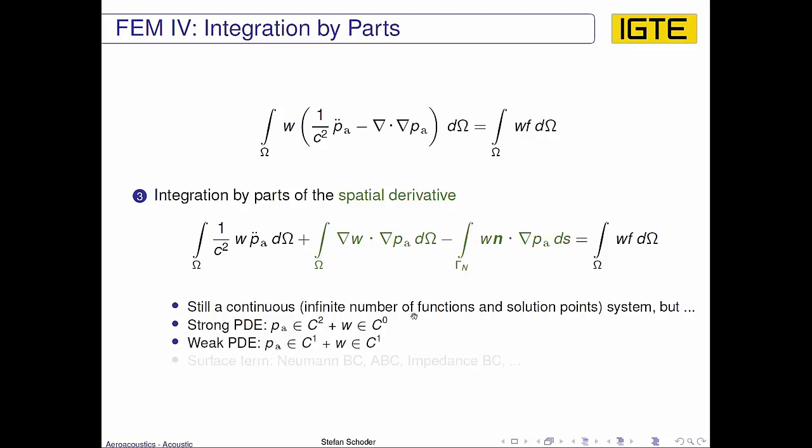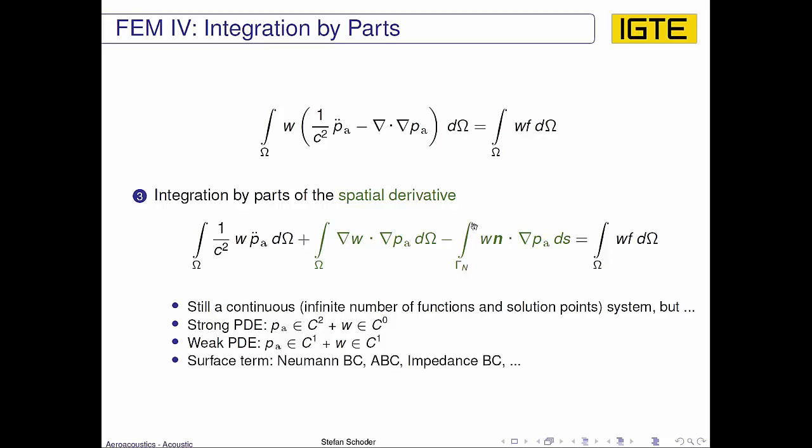But now in the weak form we have to compute gradients on the test function and also gradients on the acoustic pressure, but we more or less shift the degrees of freedom, in the sense that we are now able to lower or weaken the requirement on the acoustic pressure. And this is why we are in the weak form.